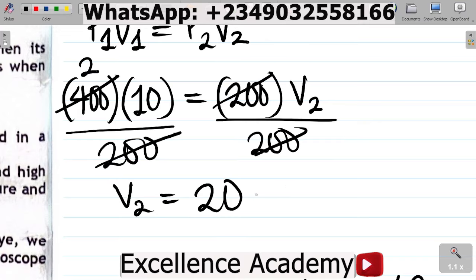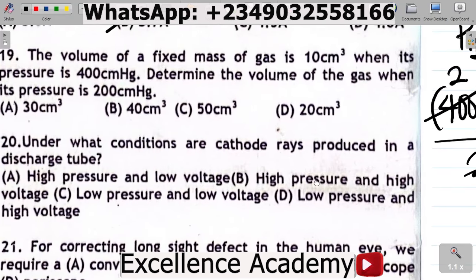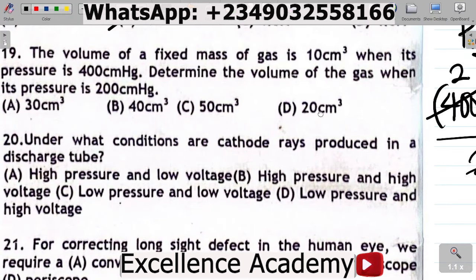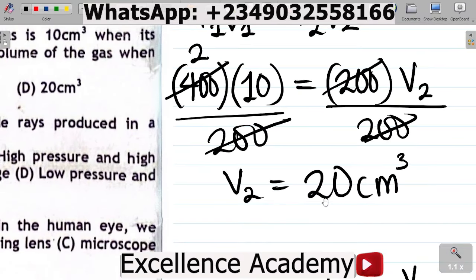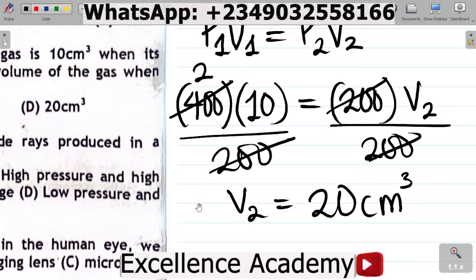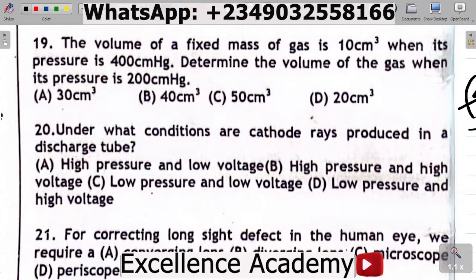So you have this as 20. The unit here is cm cube, because if you look at this, the volume here was in cm cube. Again, observe that we did not convert because this is in cm cube and this is in cmHg. So we didn't have to convert, right? The answer there is this one here, 20 cm cube. That's option D, 20 cm cube.